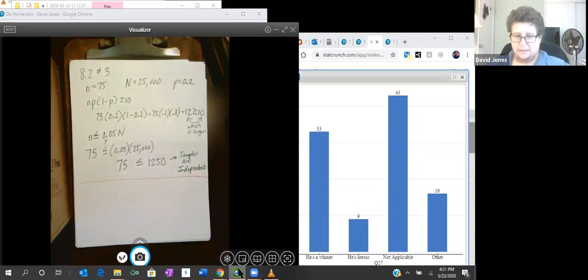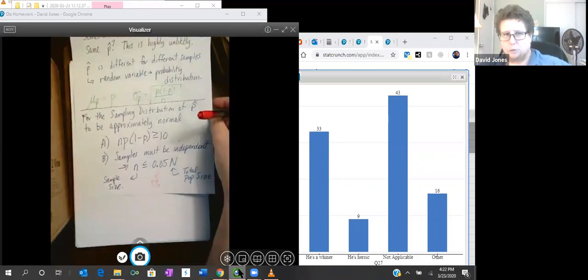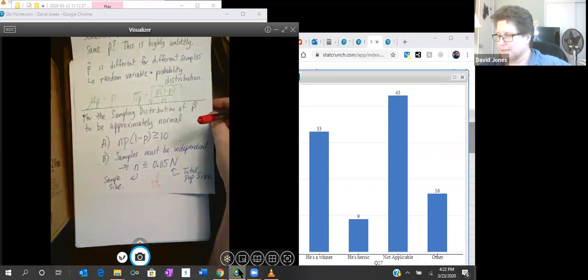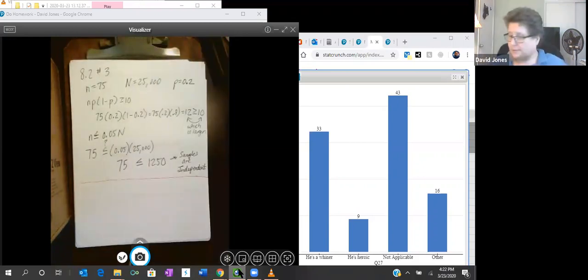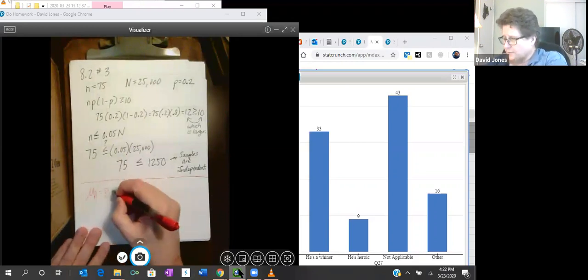So what was the mean of p hat, or mu? Remember, if you go back to your old lecture notes, last page, we had mu of p hat equals p, which is 0.2.